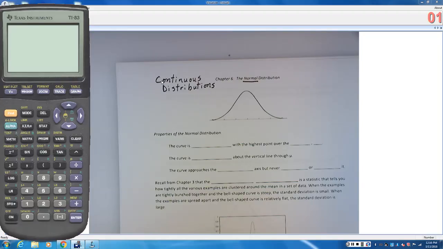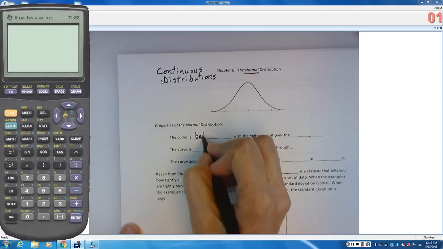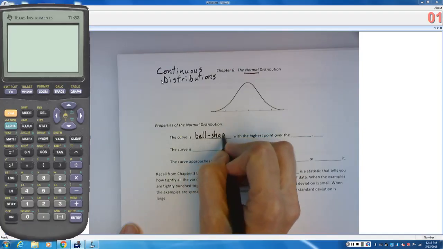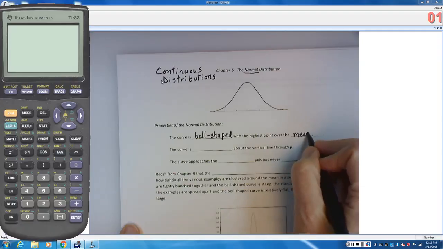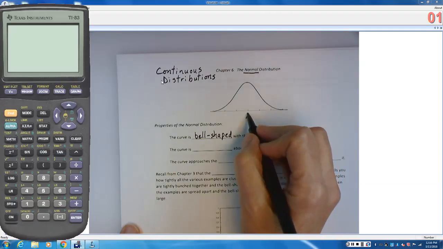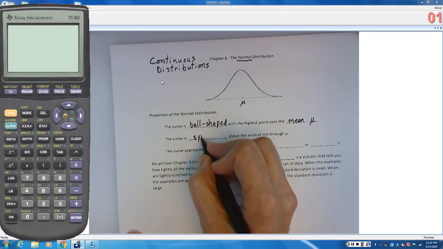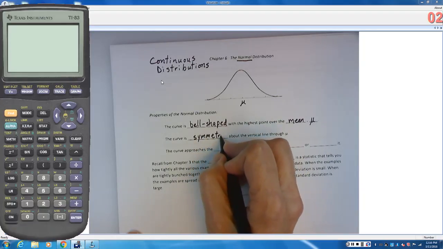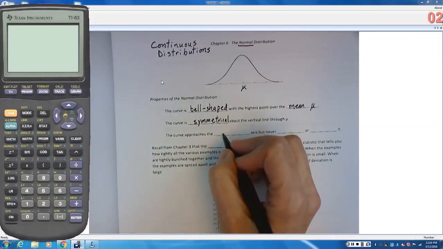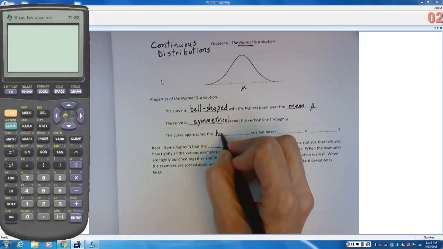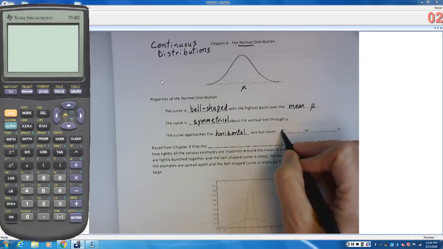And the normal distribution is bell-shaped, with the highest point over the mean, mu. So the mean is right in the center, and the curve is symmetrical about the vertical line through mu, and the curve approaches the horizontal axis but never crosses or touches it.